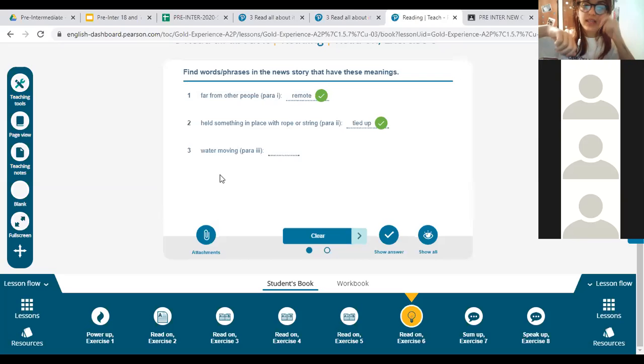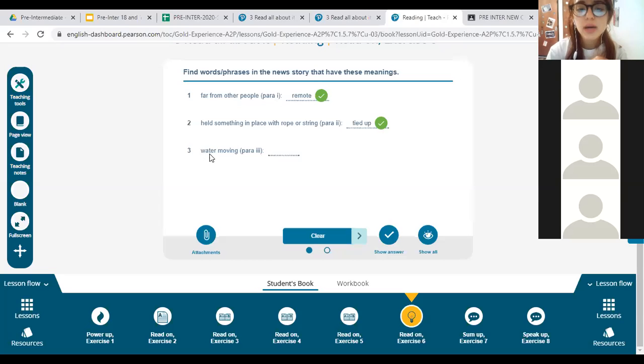That means he made sure that it was atado, right? He tied it up. Ató la. Not very good, because when they woke up, the canoe was no longer there, right? So he did not do a very good job at that.